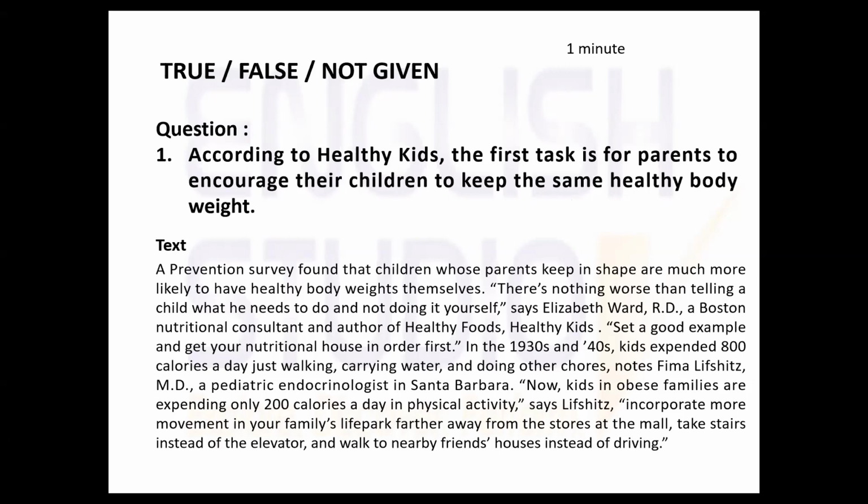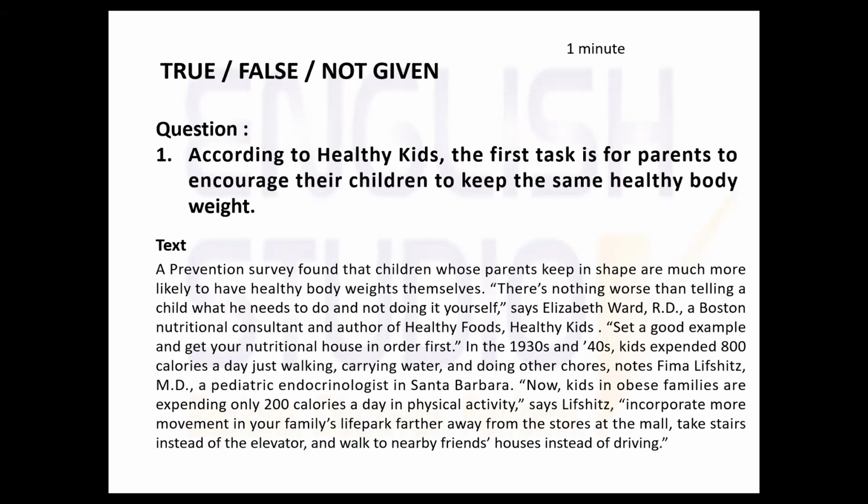Last sentence. Where? In the text? The text told us to keep the physical activity, not explicitly the same body weight.